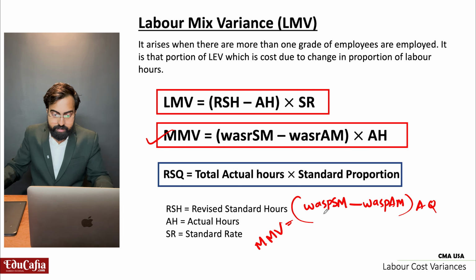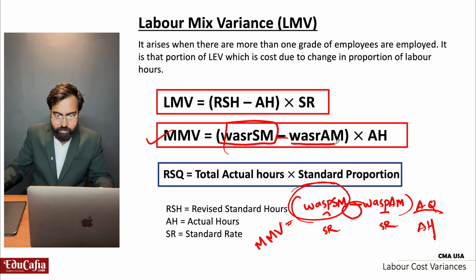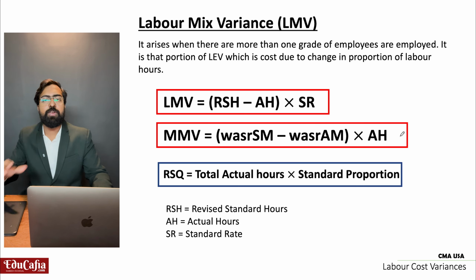Here standard price becomes standard rate, and actual quantity becomes actual hour. Then weighted average standard rate of standard mix minus weighted average standard rate of actual mix, into actual hour. So there is no difference in the equation.